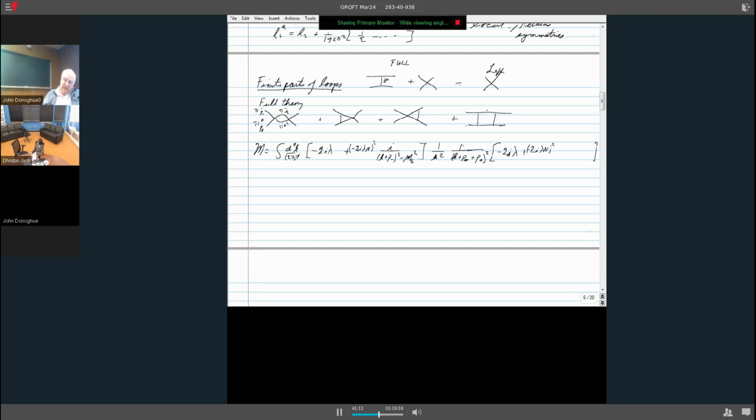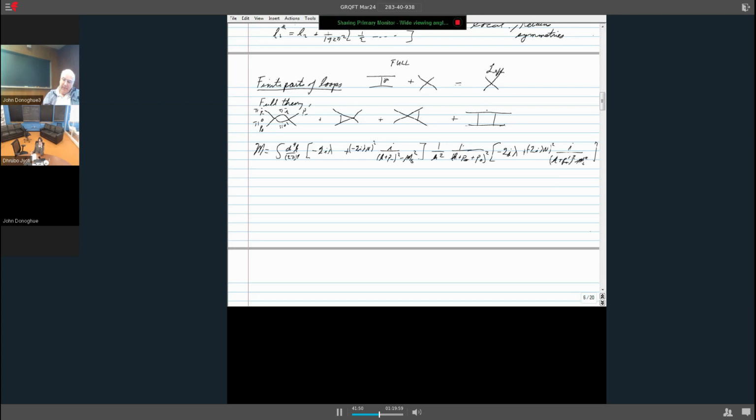Okay, the next diagram is the one with the sigma exchange there. It's minus 2i lambda v squared, i over k plus p minus squared minus ms squared. So this is one where I have 1 propagator on the one side and then the 2i lambda on the other side.